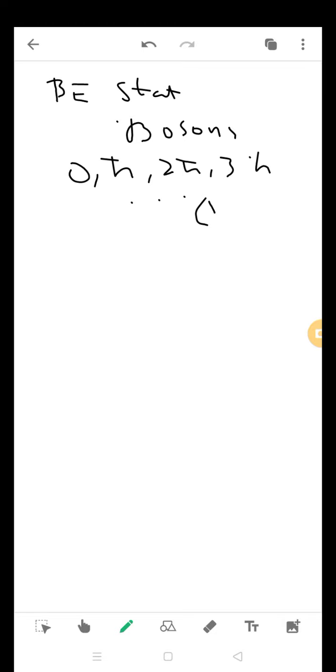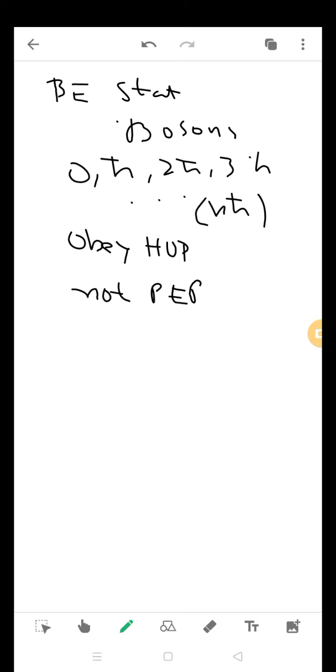So we'll call it n h cross. They obey Heisenberg's uncertainty principle, but not Pauli's exclusion principle. That means for one energy state you can have a large number of photons and a large number of phonons.